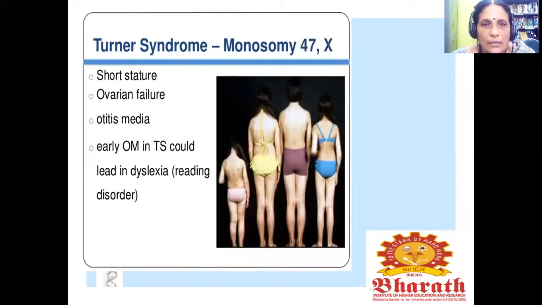Let's see the picture of Turner syndrome, monosomy 45,X. The features include short stature, ovarian failure, and otitis media. Early otitis media in Turner syndrome could lead to dyslexia, a reading disorder.